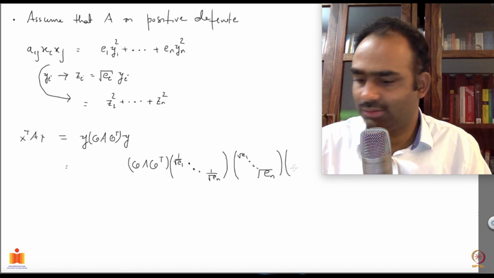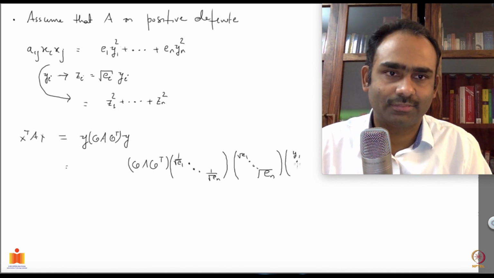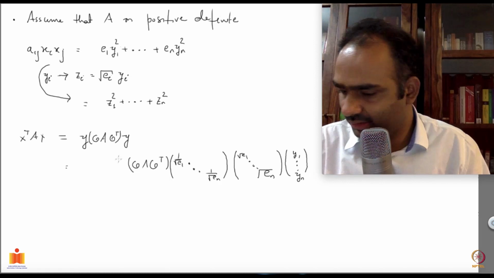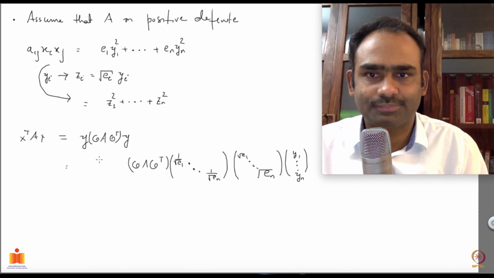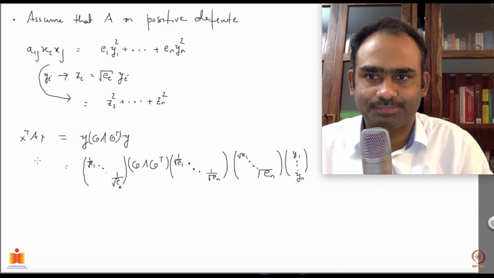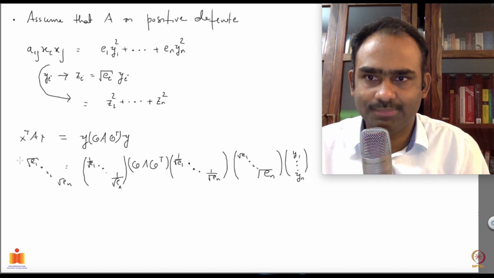You have Y1 to Yn, and then here again you have 1 over square root of E1 up to En.